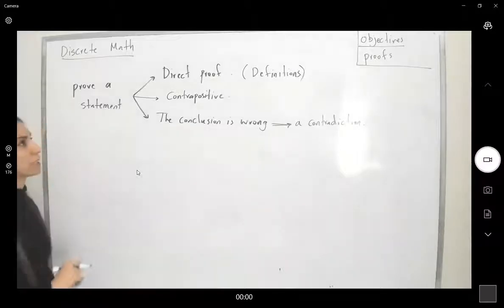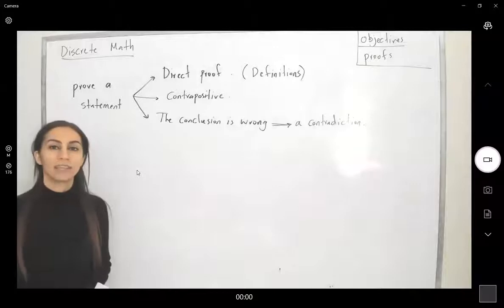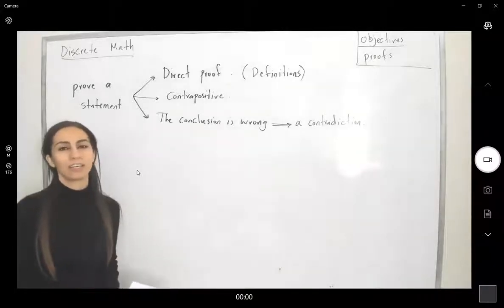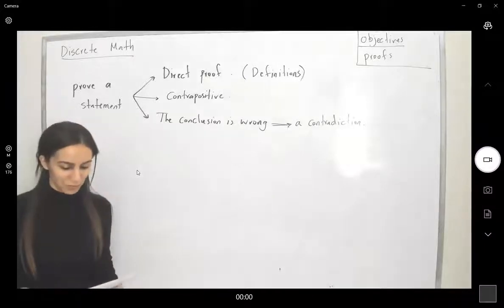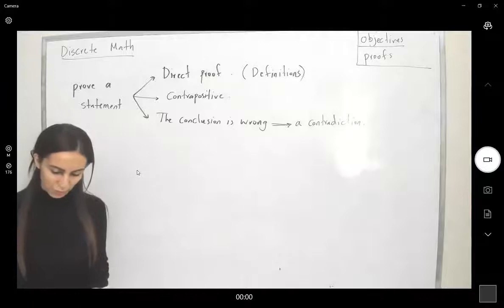So we have different methods of proving something. When it comes to existential statements, if you can find one example, you're done with the proving of that statement. For example, let's go over some of the important ones.